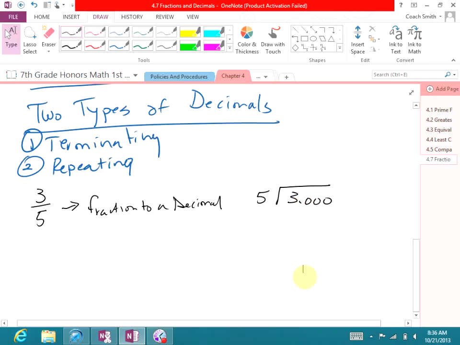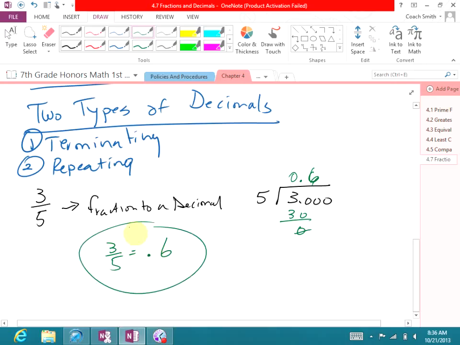Now, obviously, when you're dealing with proper fractions like 3/5, you're not going to come up with a mixed number. There will be some that are mixed numbers that we change into mixed decimals, basically. But 5 doesn't go into 3, so we put a 0. Now we're going 5 into 30. 5 into 30 goes 6 times, and that would be 30, remainder 0. So 3/5 is equal to 0.6.